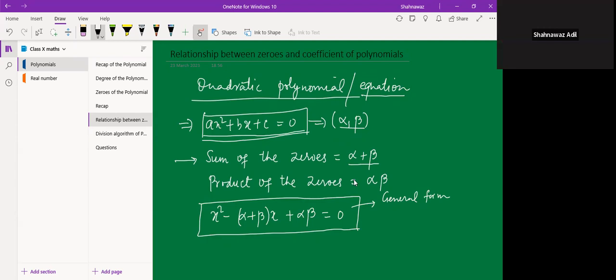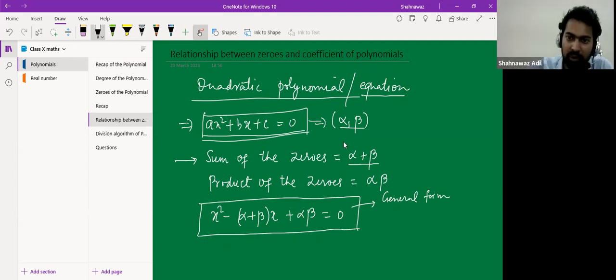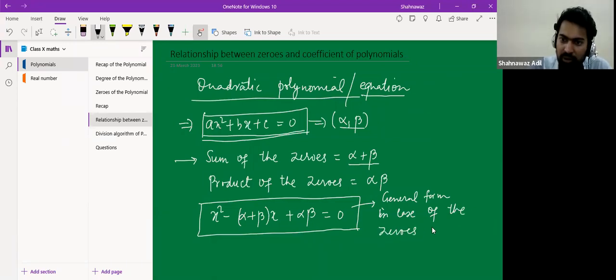So this is the general form in case of the zeros of the polynomial.